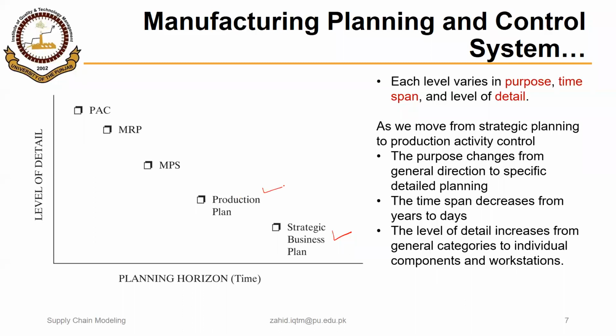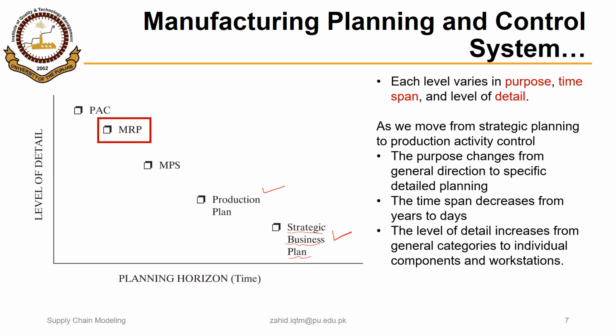The production plan for product families has a relatively smaller planning horizon, but the level of detail is relatively high, because we were talking in terms of dollars or in terms of some broader units when we discussed the business plan, but in the production plan, we are talking in terms of volume of a certain product family. MPS is focused on end items, and the level of detail further increases, but the planning horizon is relatively small.